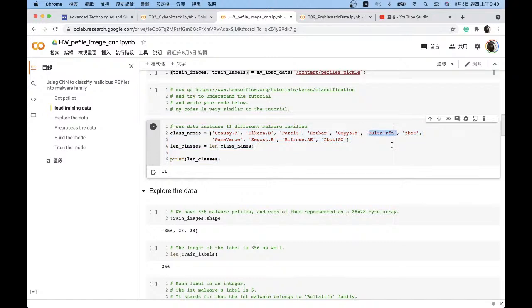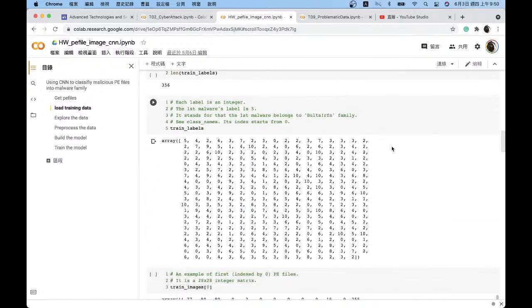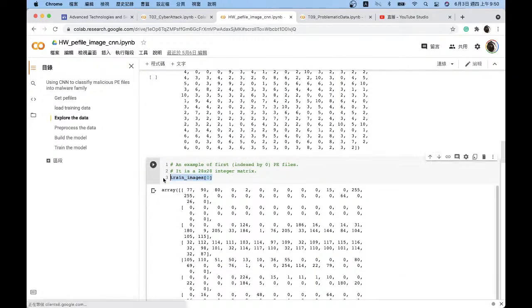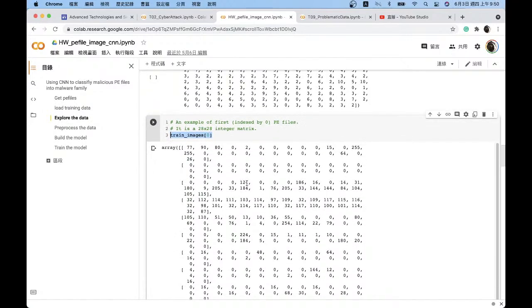The first malware belongs to Buta-RFN, which I don't know what it means, but it is the name of this malware family. So let's take a look at the first sample.